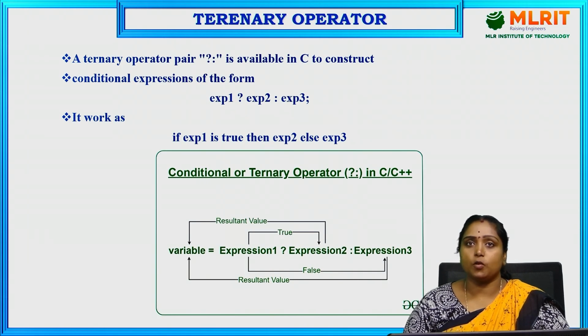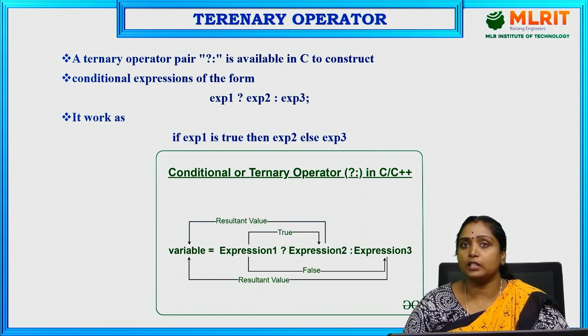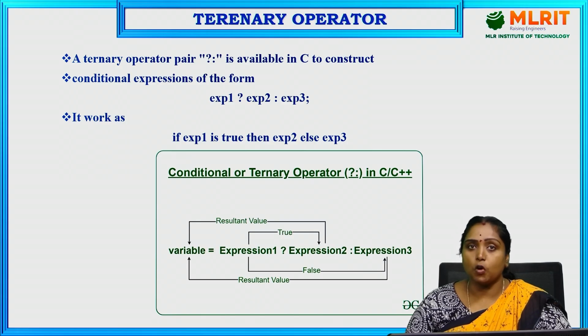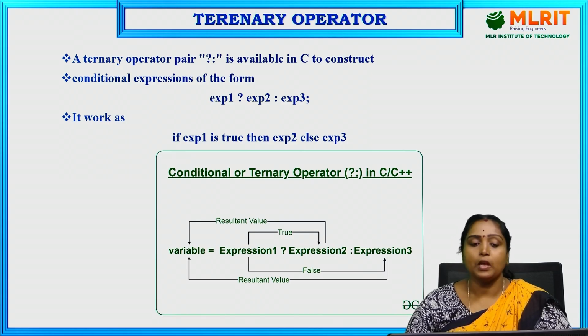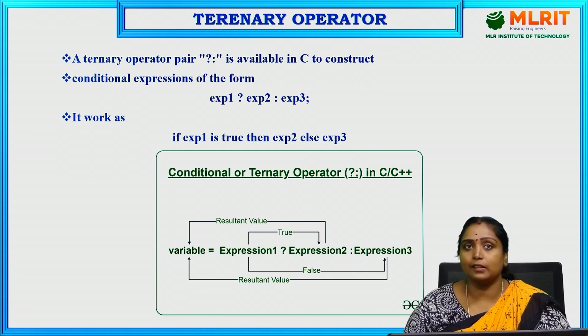Coming to the ternary operator, an operator which uses three operands is said to be a ternary operator. Here we are using the ternary operator in order to solve an expression. It is a C construct, and we also call this operator the conditional operator, as it is used to solve conditional expressions.